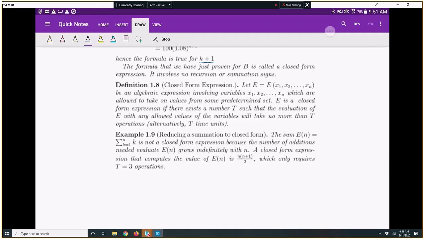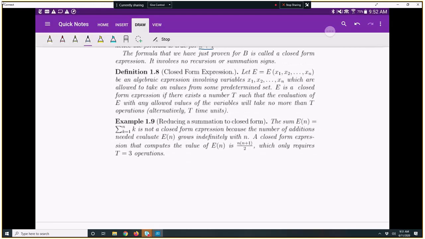Reducing a summation to a closed form. The sum E of n equals, remember our sigma notation, the sum where k is the index running from 1 to n, and we're just adding up k. This is not a closed form expression because the number of additions needed to evaluate it grows indefinitely with n.